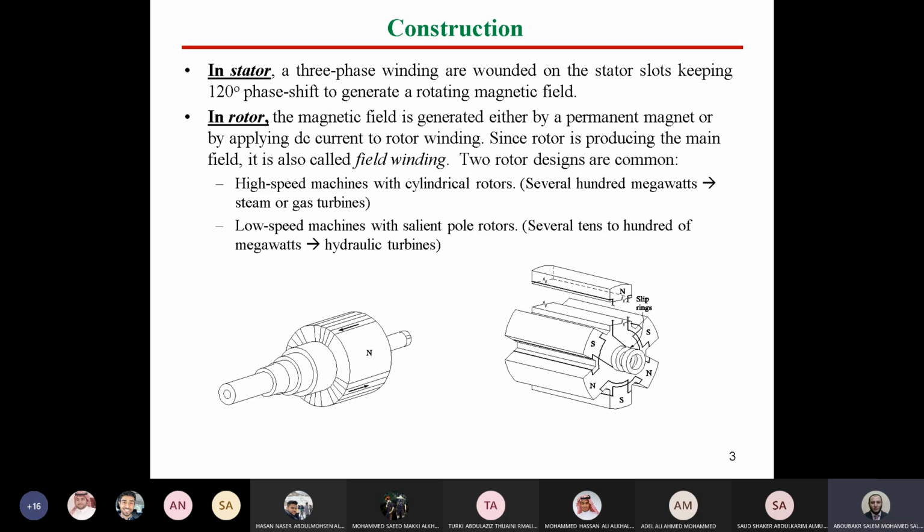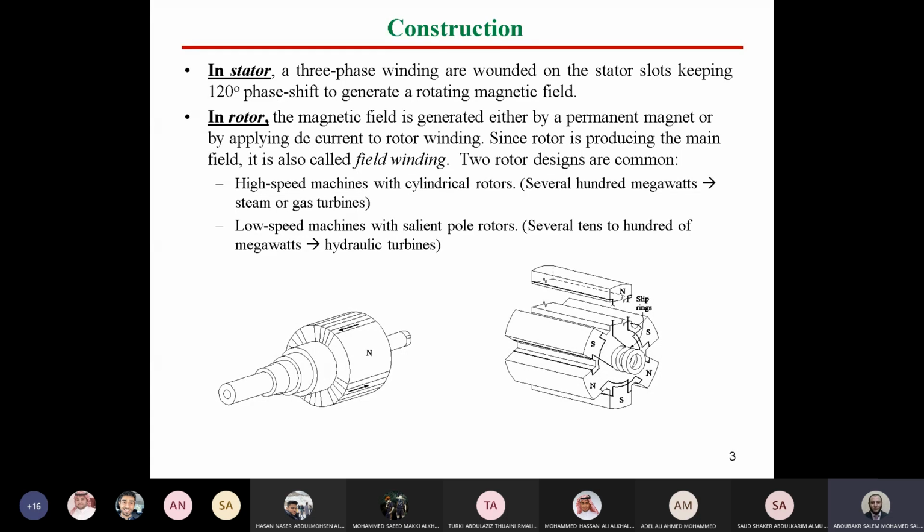However, the most well-known and used in industry is the three-phase one. But for critical loads, like in submarines, we need multi-phase machines because the reliability is very high. But for this level in this course, we are going to discuss only three-phase machines.